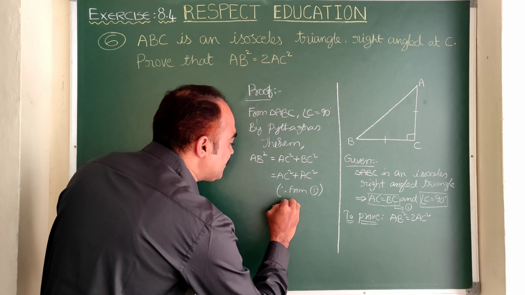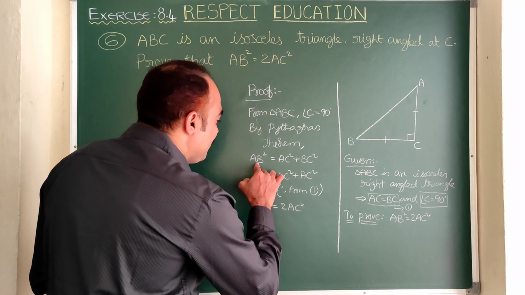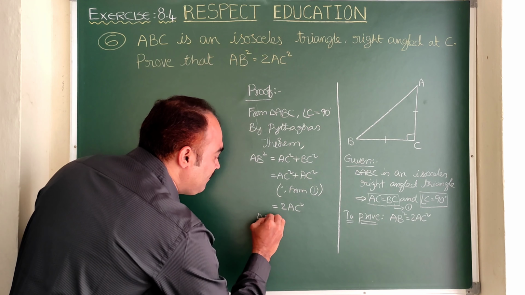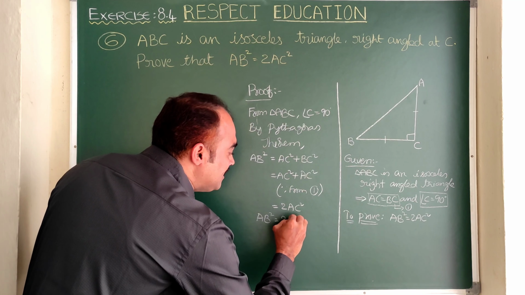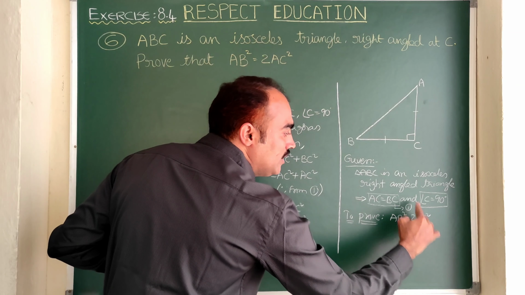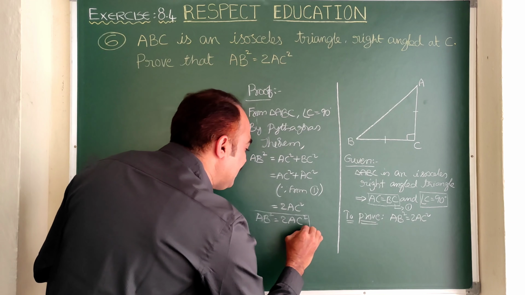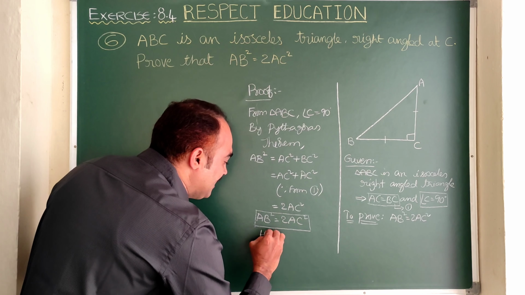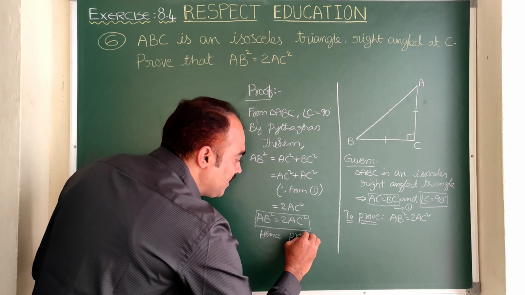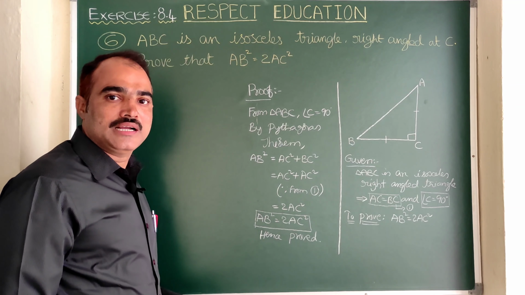AC square plus AC square is 2 times AC square. Now you observe here we have taken AB square and we got 2 times AC square. Observe here what is to be proved. AB square equal to 2AC square. Here what we got? AB square equal to 2AC square. So here we can write hence proved. So with this sixth problem gets completed.